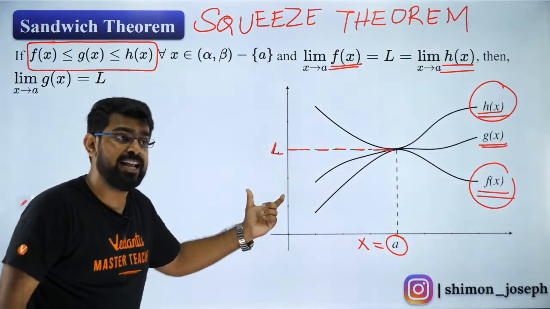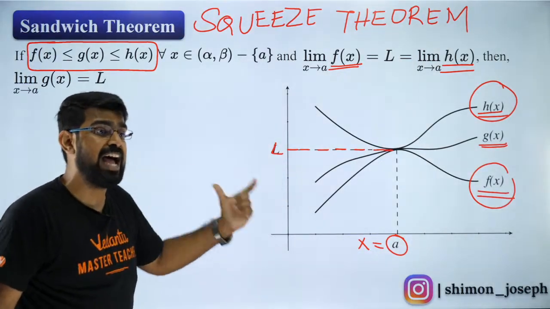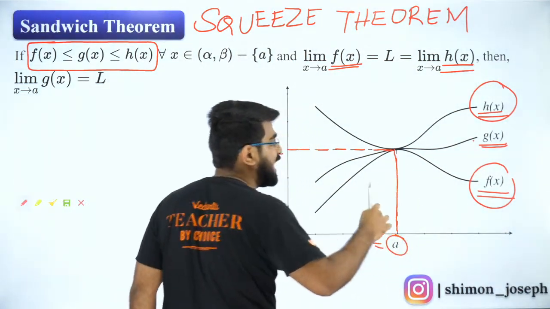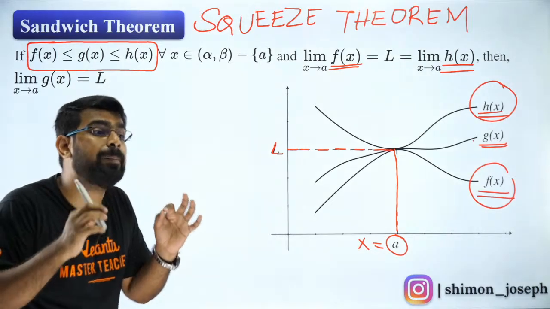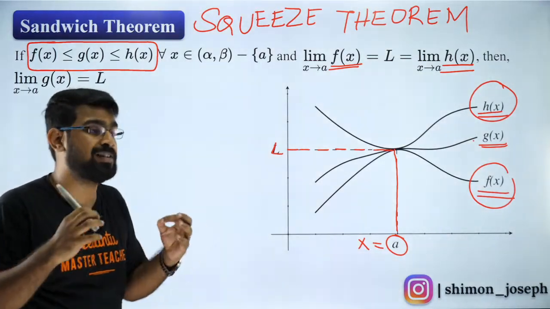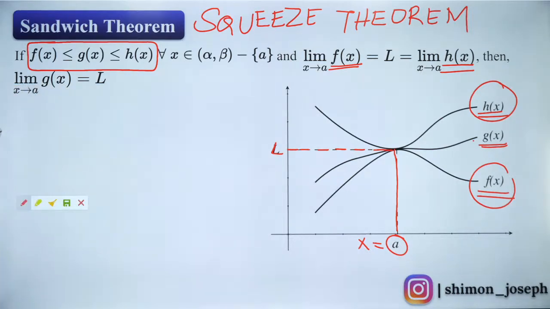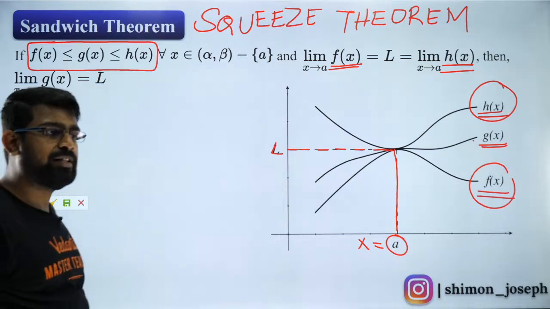Now, if that is the case, then it implies that your g of x will also have the same limit at this point. That is the meaning of squeeze theorem or sandwich theorem. Are you all clear? Very good, guys. Please make a note of it. Are you all cool with it?